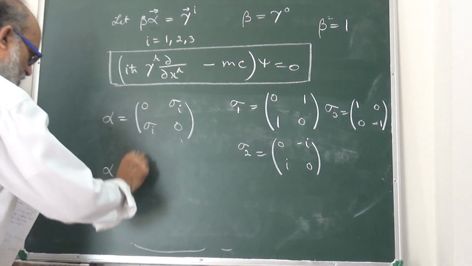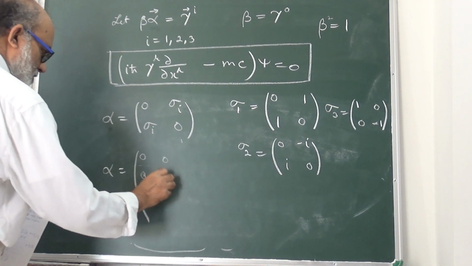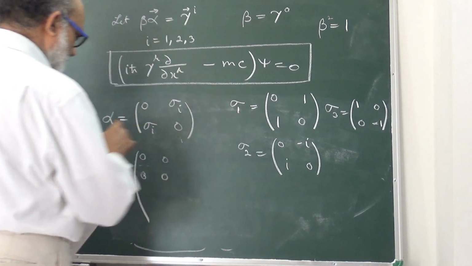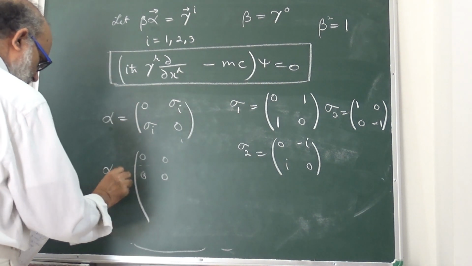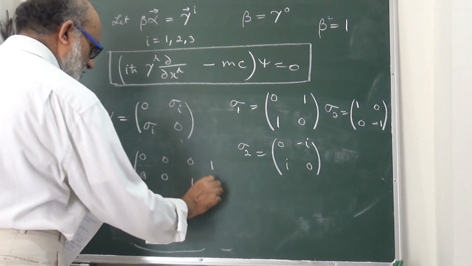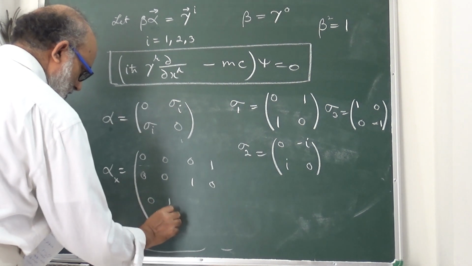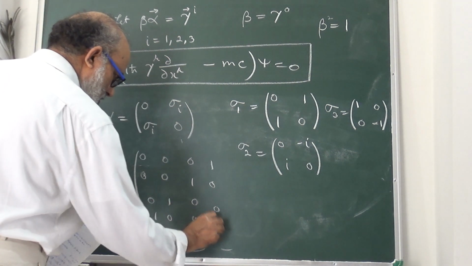If you write it, this will be 0, 0, 0, 0 blocks with sigma i. For alpha x, the x component will be 0, 1, 1, 0 in the off-diagonal blocks.